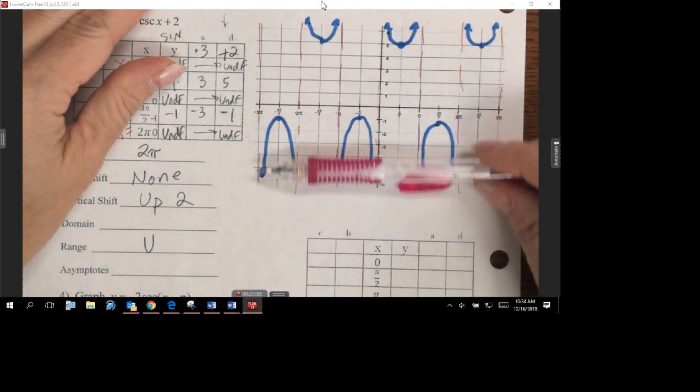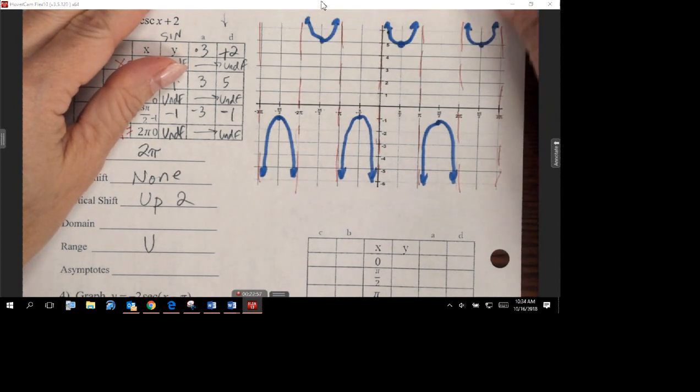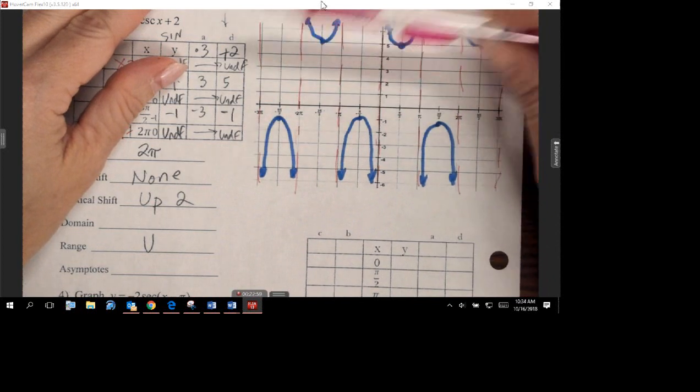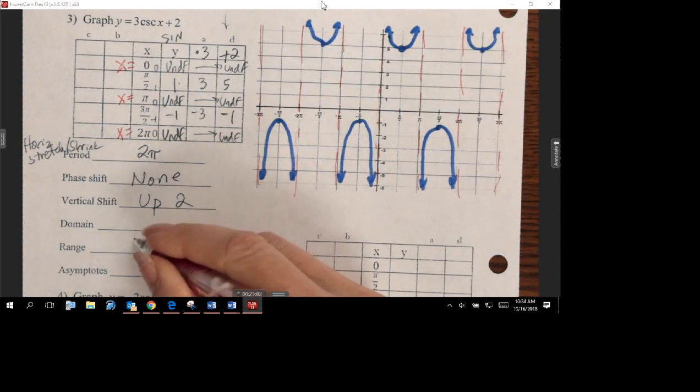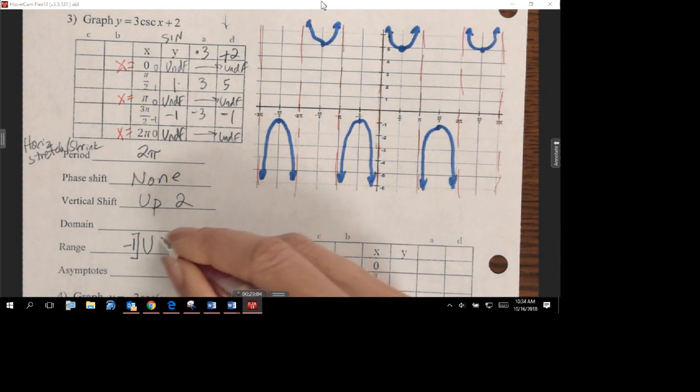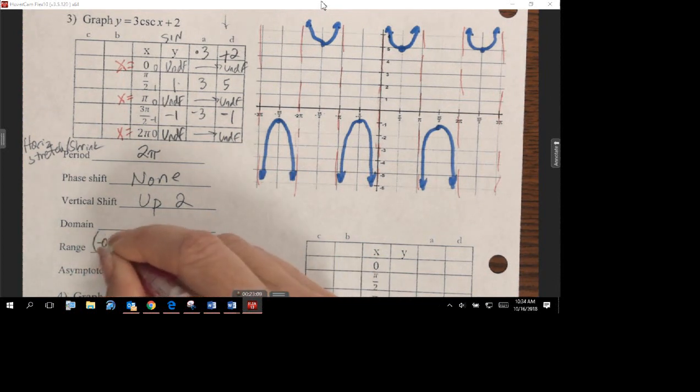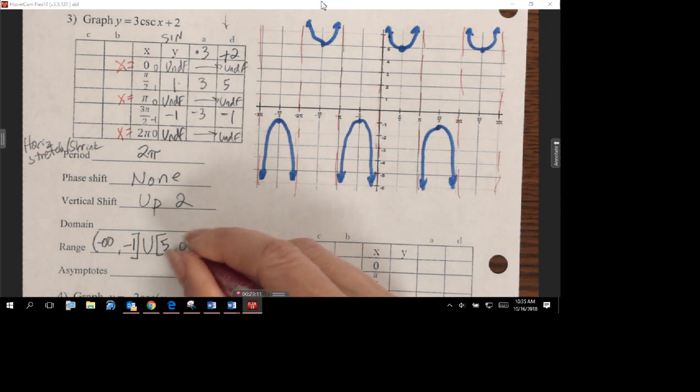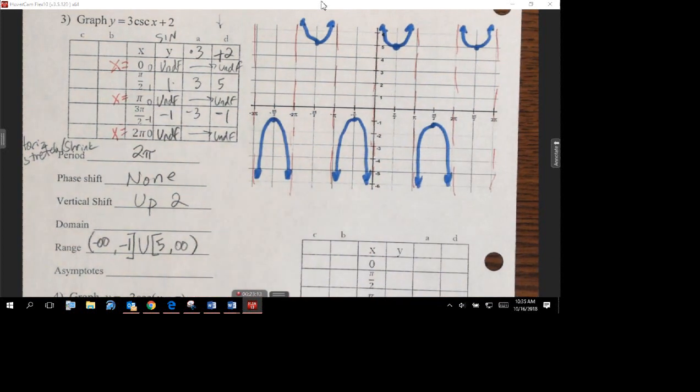What numbers does it stop and then start again at? -1 and 5. And does it equal -1 and 5? Yes. So it's going to begin at negative infinity, go to -1, begin at 5, go to infinity. We've got 2 pieces for our range.